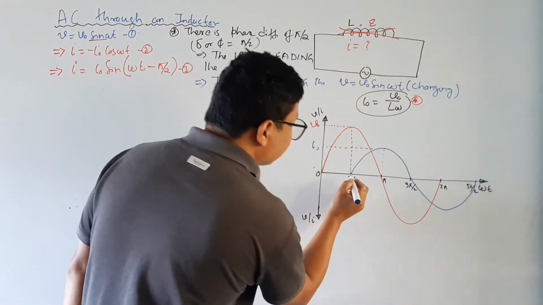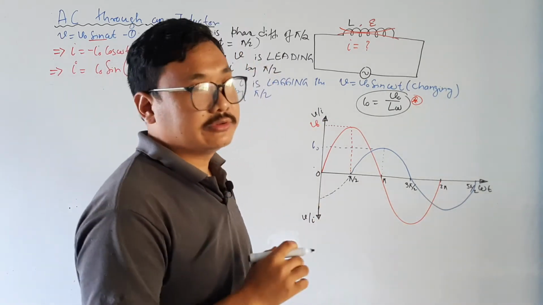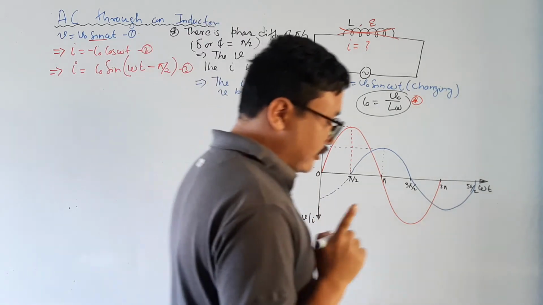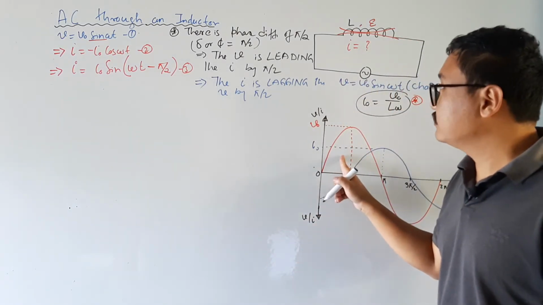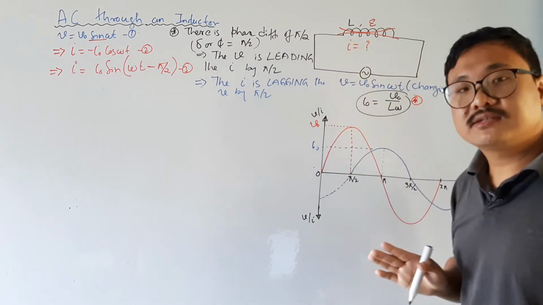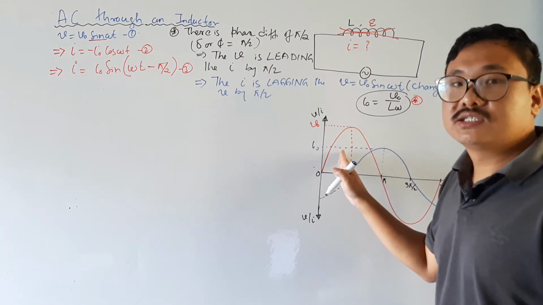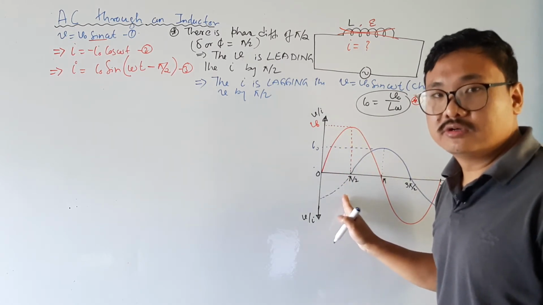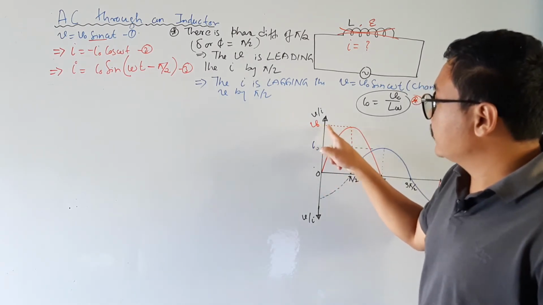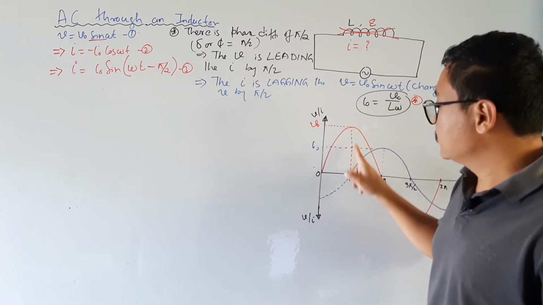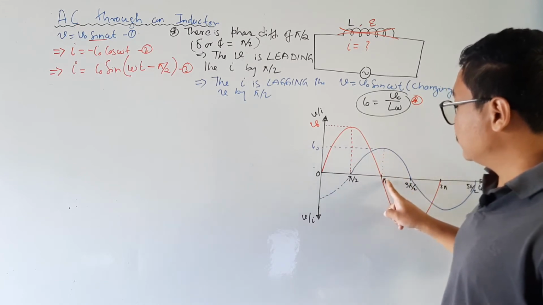Or we can also draw it just like this. So this diagram you have to understand and remember. You should be able to read this diagram. This diagram is for an inductor. In the examination it may be asked: if this diagram is given, what situation does it correspond to? If you see this diagram, the maximum value of voltage is reached at pi by 2, and later the maximum value of current is reached at pi.